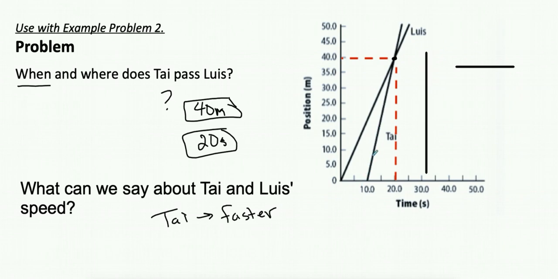He's making more change over less time. Luis is going to be the slower of the two. They're both moving fairly quick, which I can tell by the slope of the line. They're both fairly steep, almost vertical lines. But whichever one is steeper, which would be Ty here, is the faster of the two.